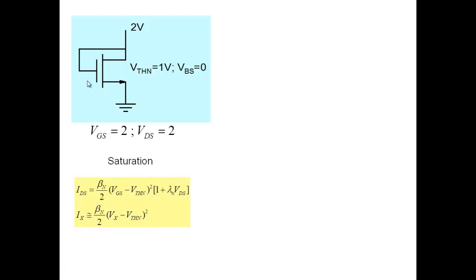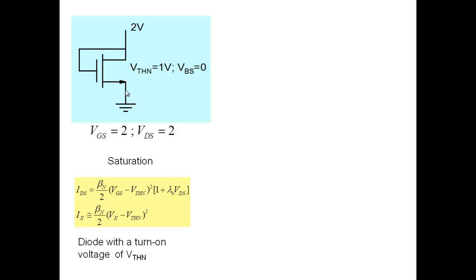Now note, interestingly, if you look at this particular one, you take gate and drain and short them together. The MOSFET then becomes a 2-terminal device. The body is also shorted to source, so body is not in the picture here. And it's in the saturation region. So the current in the MOSFET, if you neglect channel length modulation for a moment, is beta n by 2 times (Vx minus VTHn) squared.